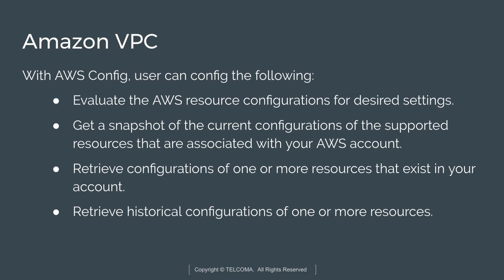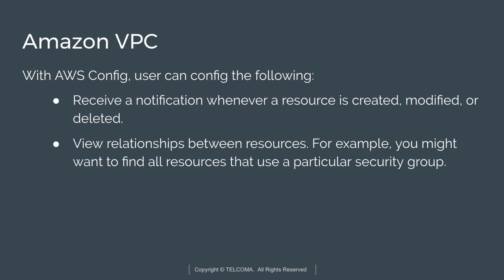We can get a snapshot of the current configuration. We can retrieve configurations and also historical configuration of more than one resource. We can receive a notification whenever we create a resource, whenever we modify or delete it, and also we can view the relationship between different resources.